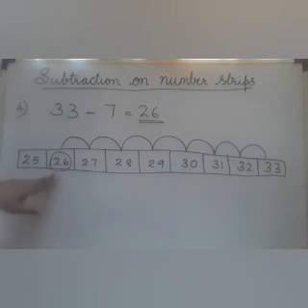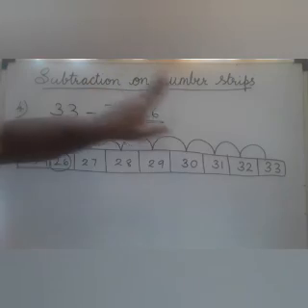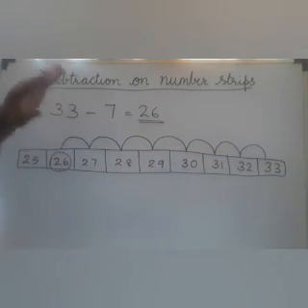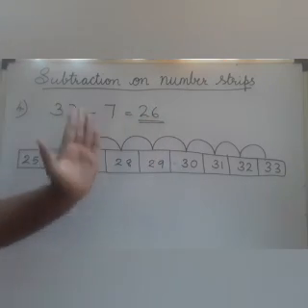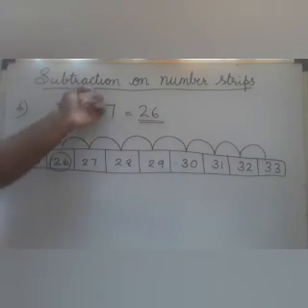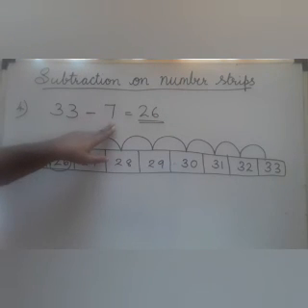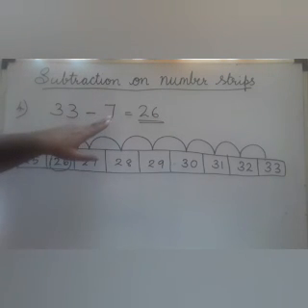In this question, we start the jumping from the number 33. The first number is 33. Then we want to make the backward jump, isn't it? For the subtraction, we make backward jumps. How many? 7 backward jumps.